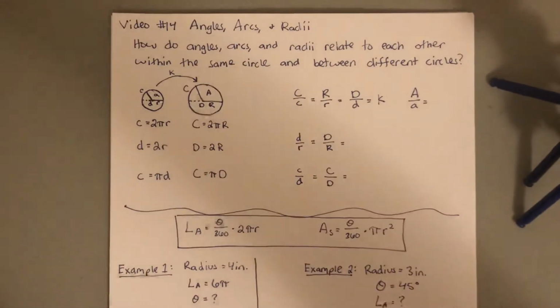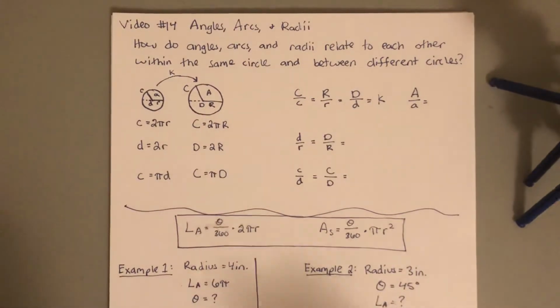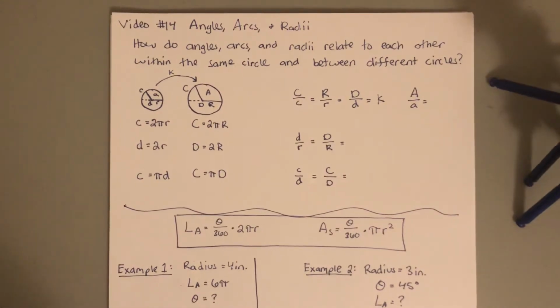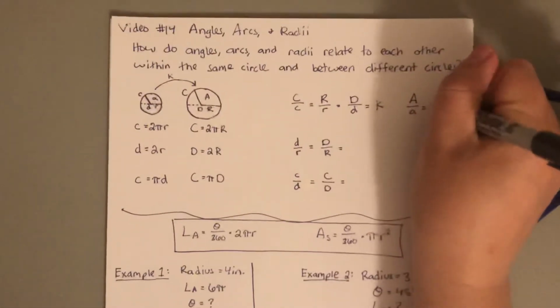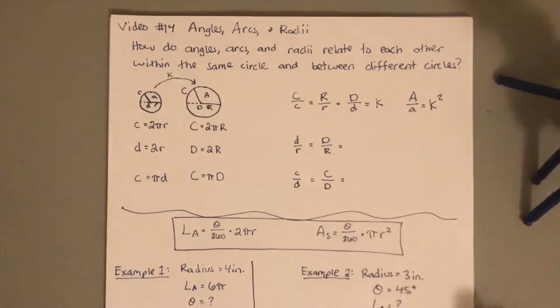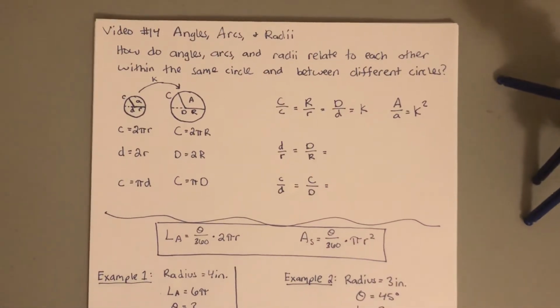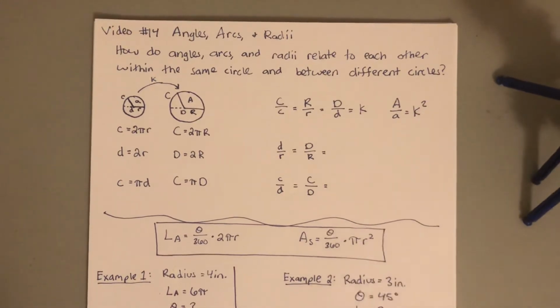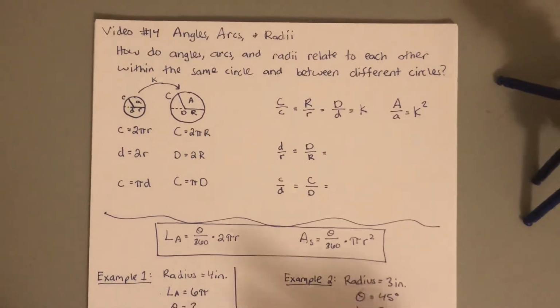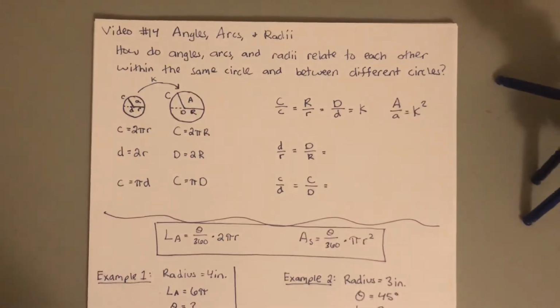And that means we learned back in like February or so that if the scale factor is k, the area factor is going to be k squared. So those are some relationships that will always hold true between circles that are different sizes, because we also learned that when thinking of circles, every circle is a dilation of another circle.